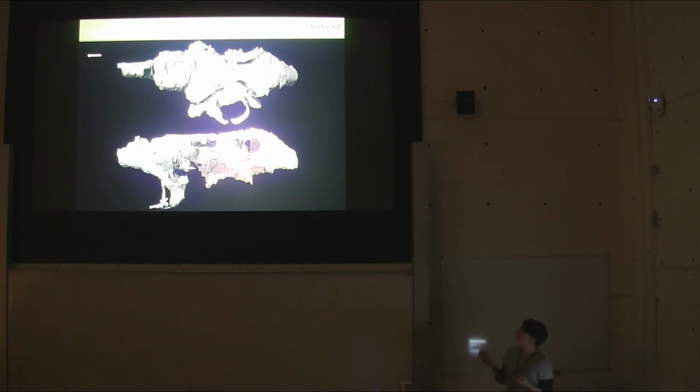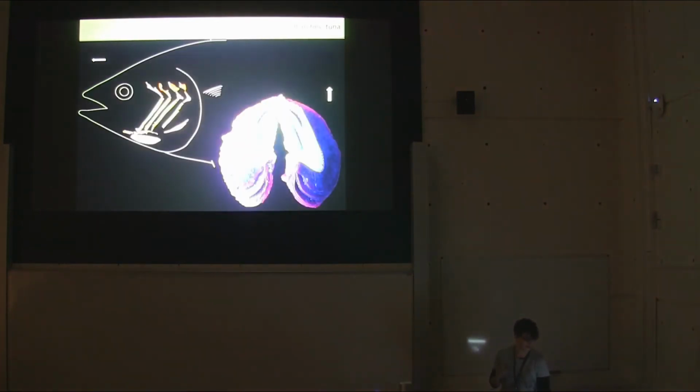So this is in dorsal view, this is the top of it, this is the side of it. A couple of features, we've got these optic lobes, and you can actually see here, this is the optic nerve, so that's what would have innervated the eye. So the optic lobes aren't very large, which again is quite a primitive character. And this is the bony labyrinth, so the equivalent of our inner ear, and it sits fairly low down, which I'll talk about a bit later.